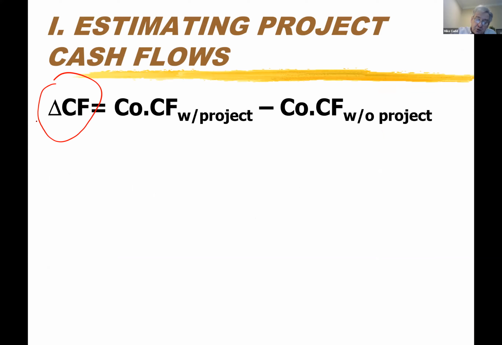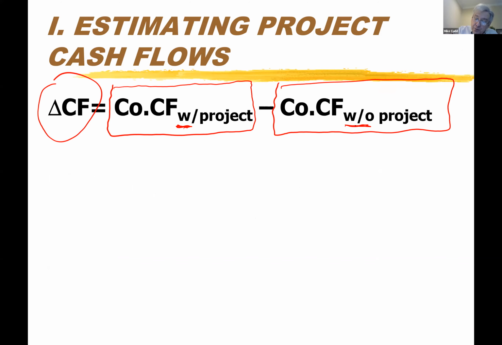We define the incremental cash flows that we're looking for as the cash flows for the whole company with the project, less what they would be for the whole company without the project. That may sound complicated, but the point is delta means change.